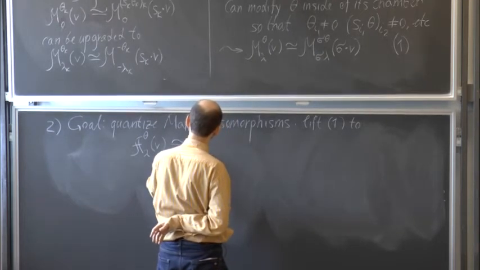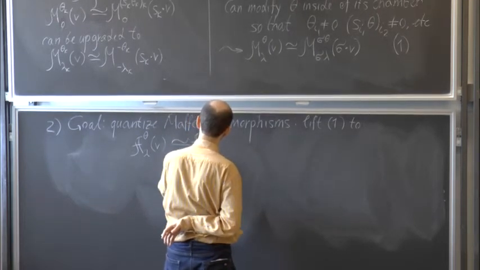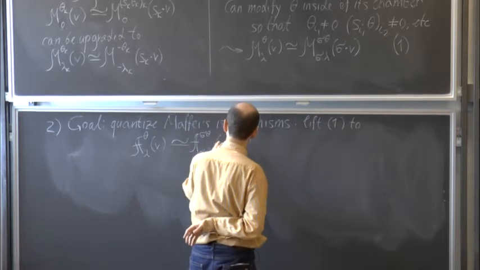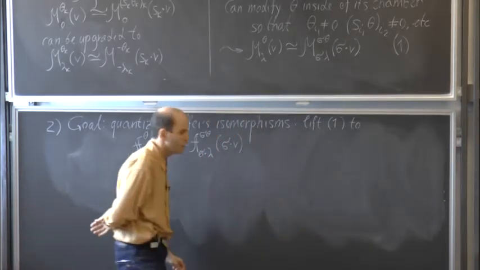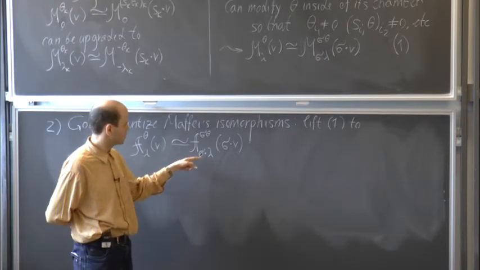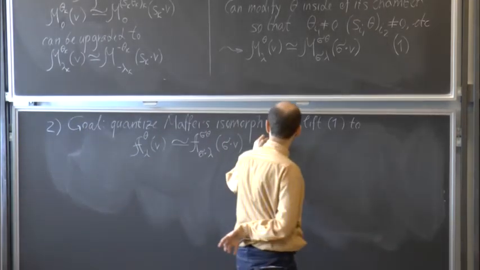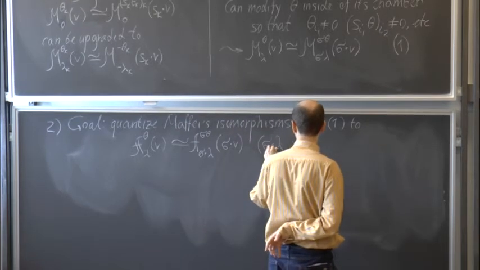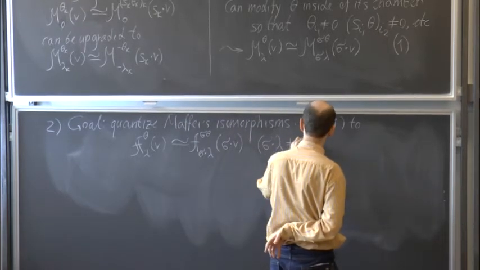Well, let me write sigma dot lambda, sigma dot. And so my difficulty here is that this is not the same. So sigma dot lambda will not be the same as sigma lambda.